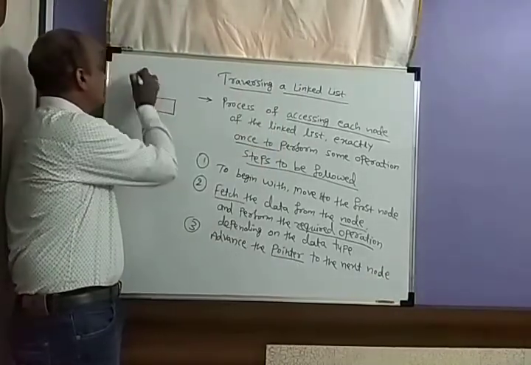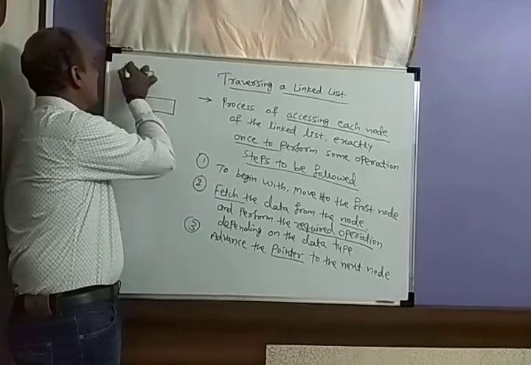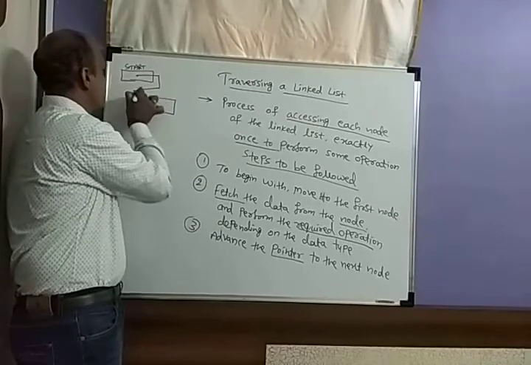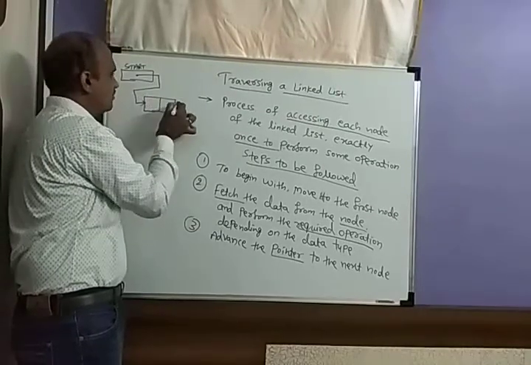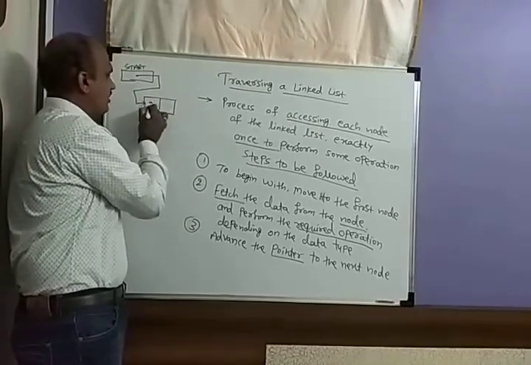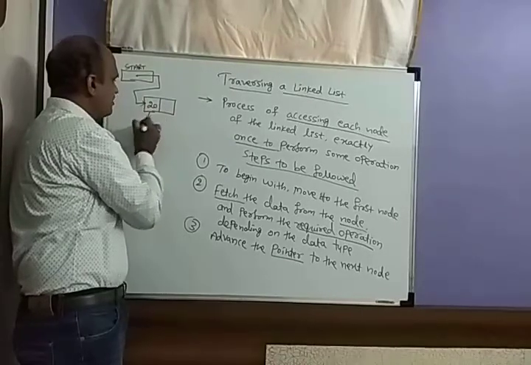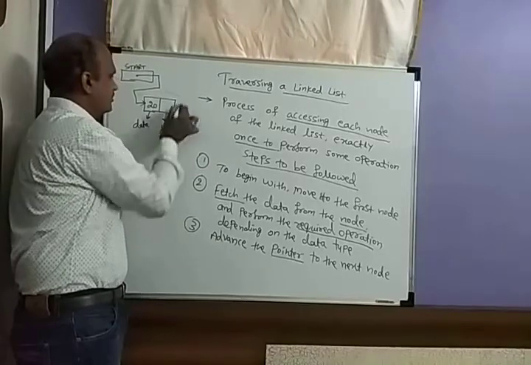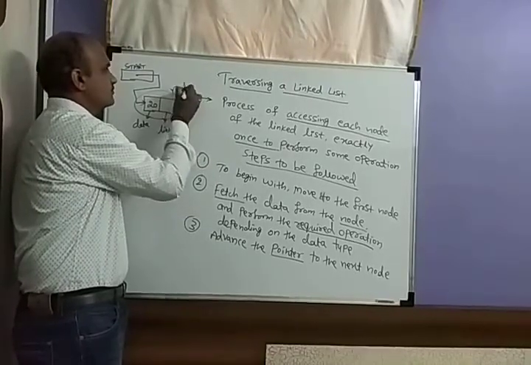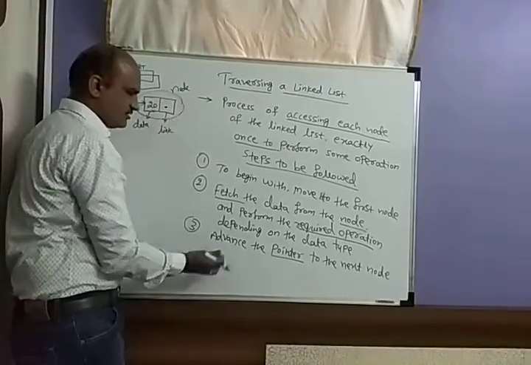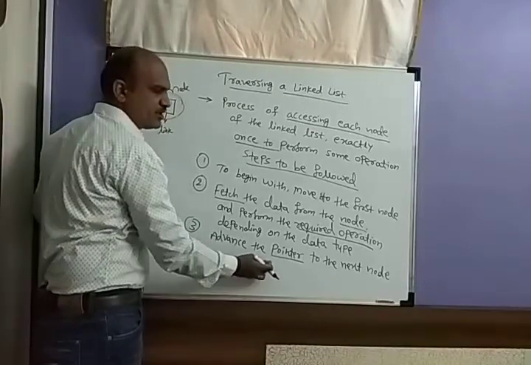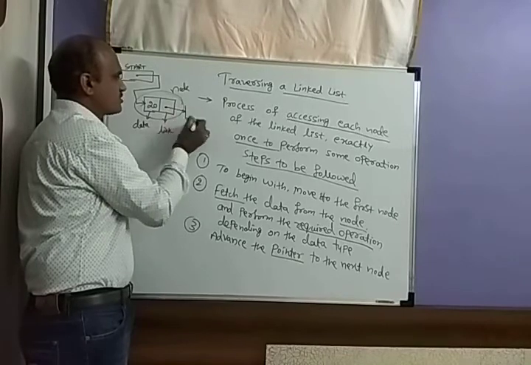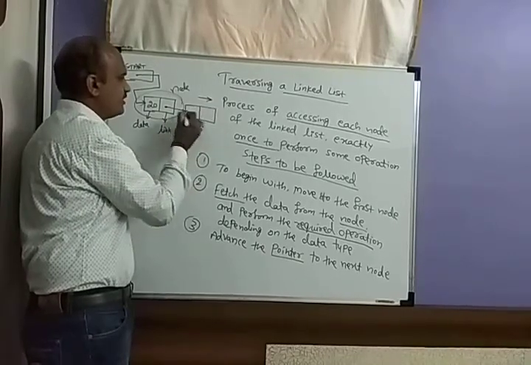We have the start or begin, connected to a node. Here we have the element, this is the data. This is the link. These are called nodes. What is the third step? Advance the pointer to the next node. So advance this pointer to the next node. Again we will create another node here.